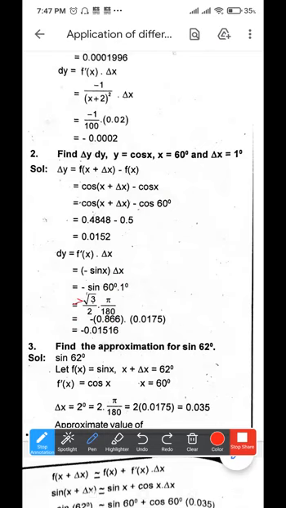Just put one minus sign over here. And root 3 by 2. Root 3 is 1.73, so 1.73 by 2. And 1 degree is equal to 0.0175 radians. This value also you have to remember. The value of pi by 180 is nothing but 0.0175. Multiply these two and you get the final answer.